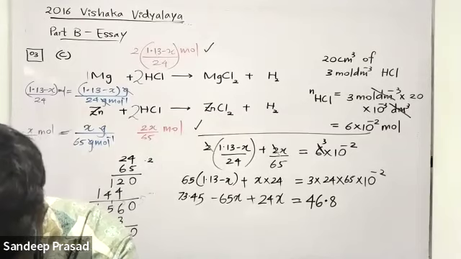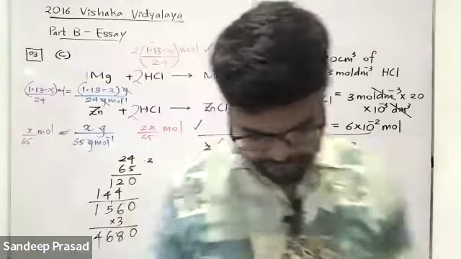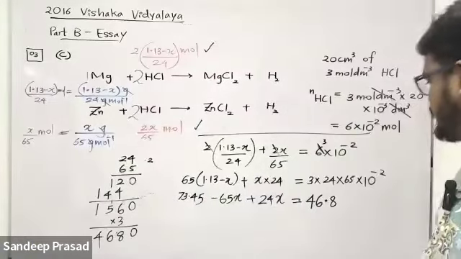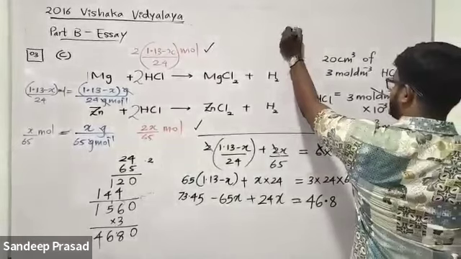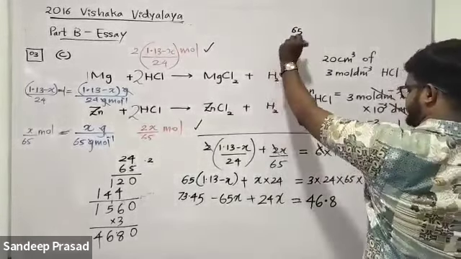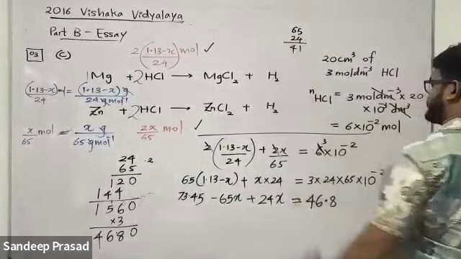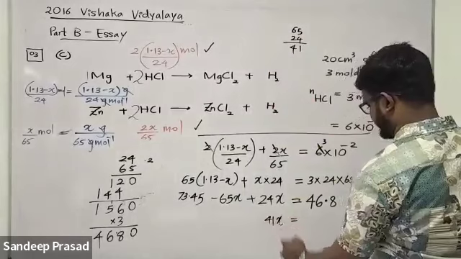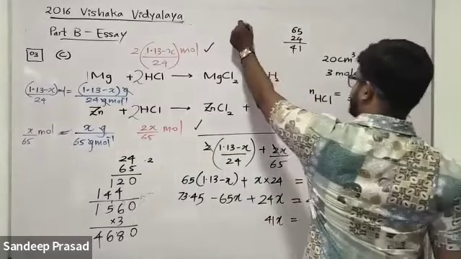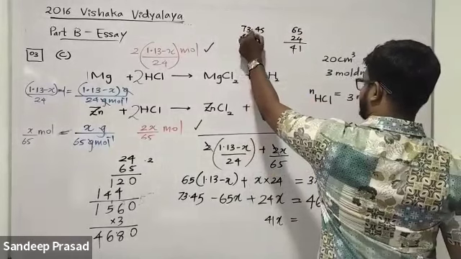Right, okay, we have answer 0.65. Okay, let's see. Now here we have 65 minus 65 24, 141. So therefore we can tell that 41x is equal to 73.45 minus 46.8.